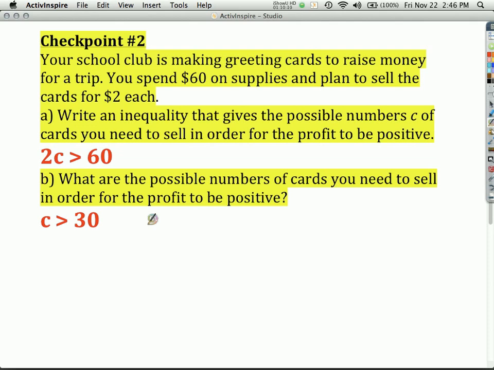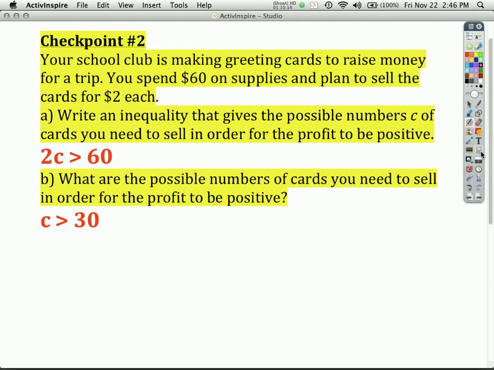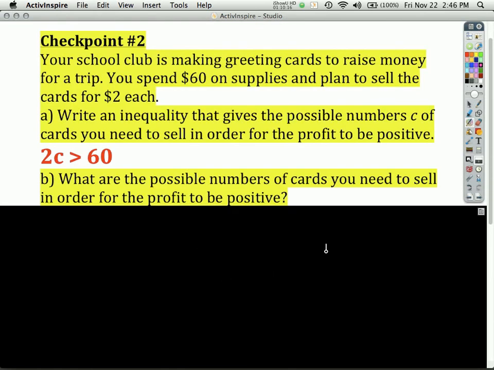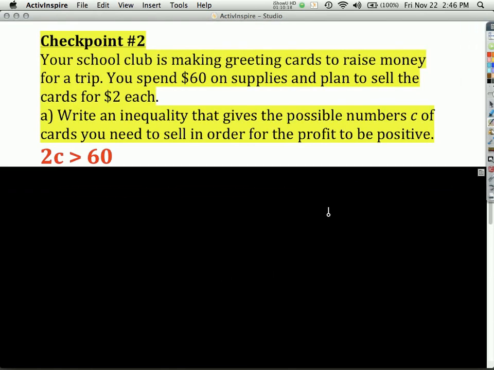So then we're a little bit off, because here's what you got to understand. Let's forget about part B. It cannot be or equal to. Can someone explain why it cannot be or equal to? That's right. If you put or equal to, one of the solutions wouldn't make you profit.